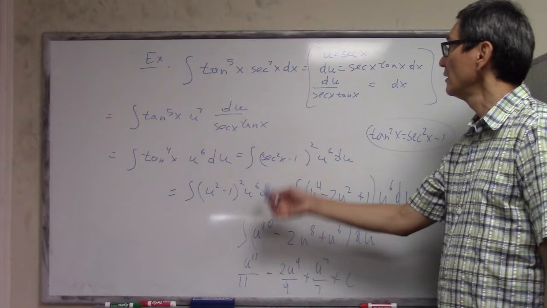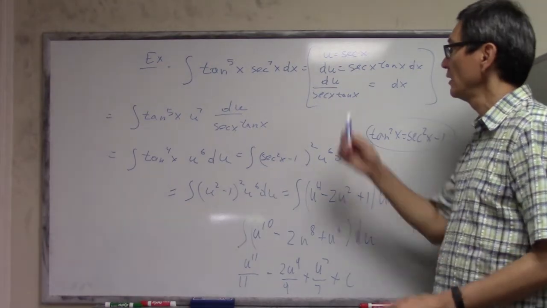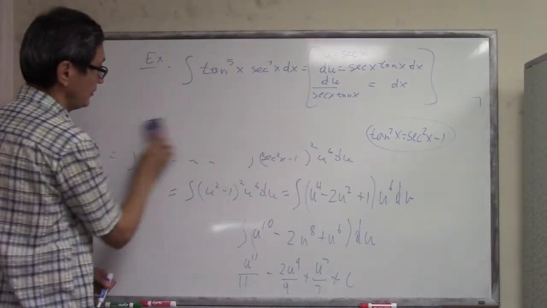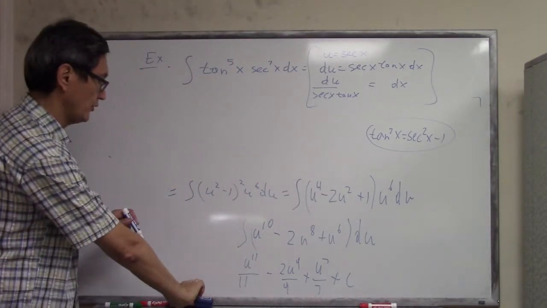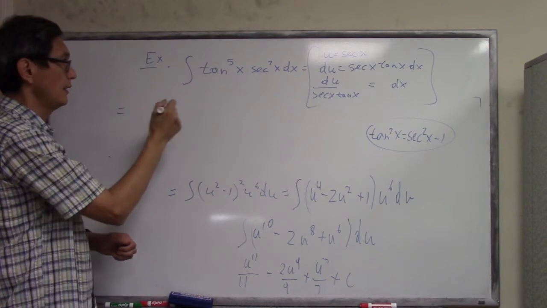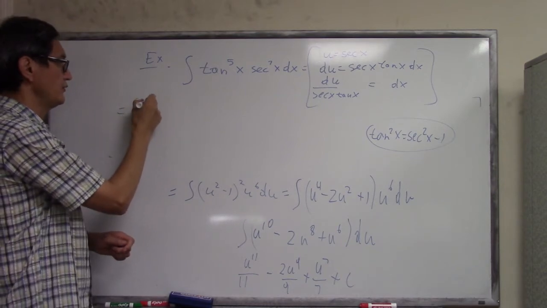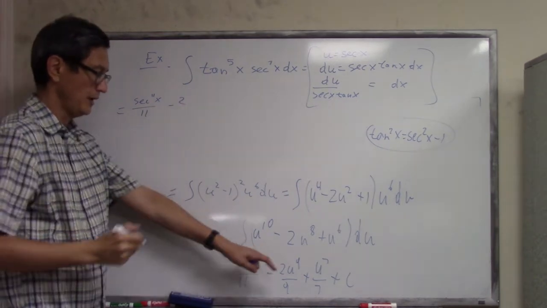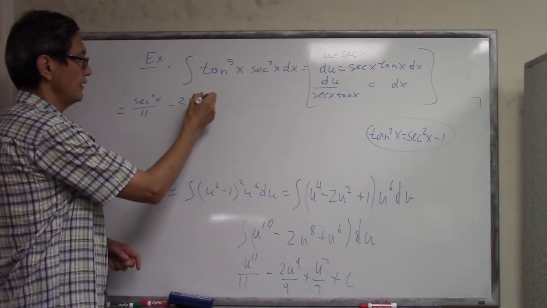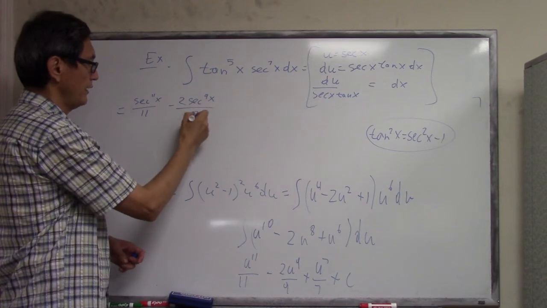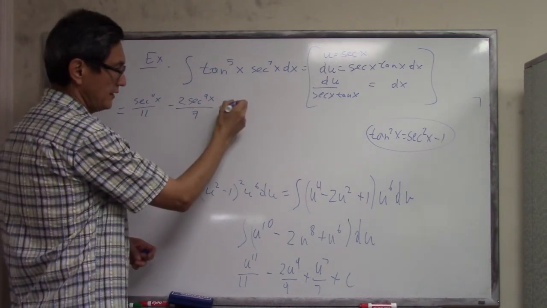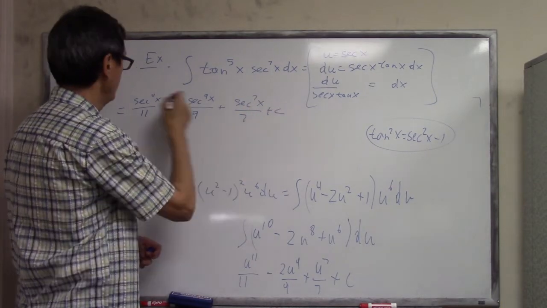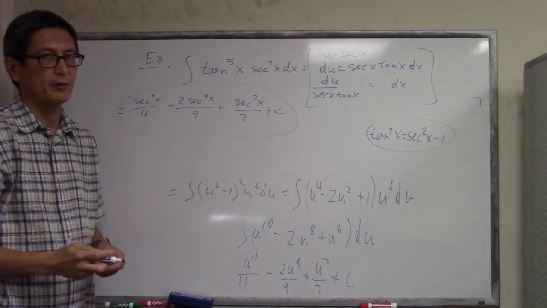And at the end, do back substitution. U equals secant. So we're going to get secant raised to the 11th power x over 11 minus 2 secant raised to the 9th power x over 9 plus secant raised to the 7th power x over 7 plus c. That will be the answer.